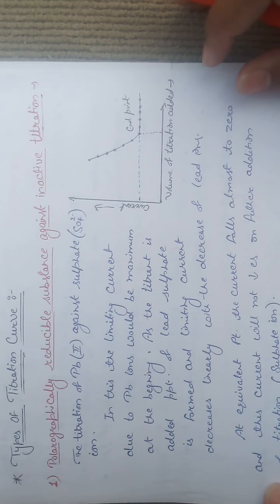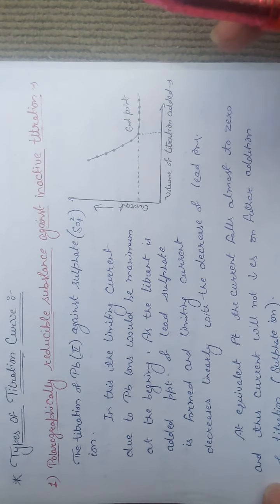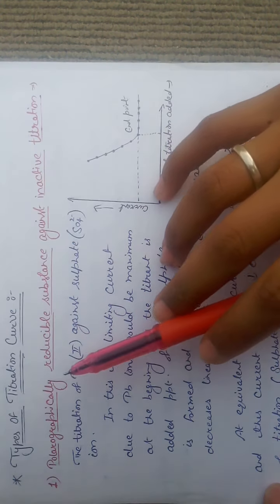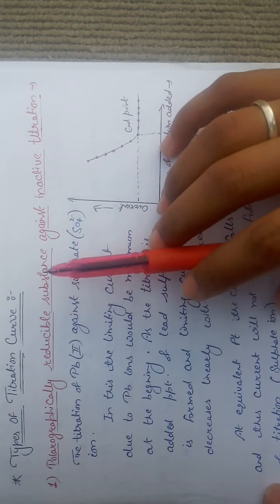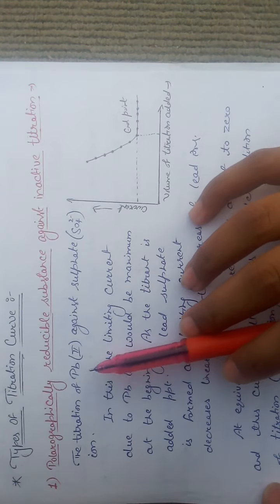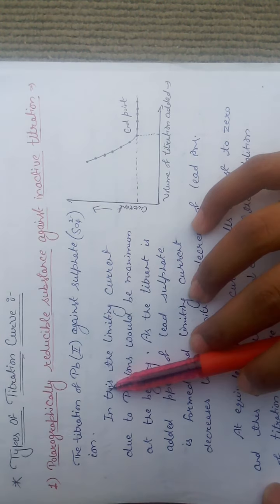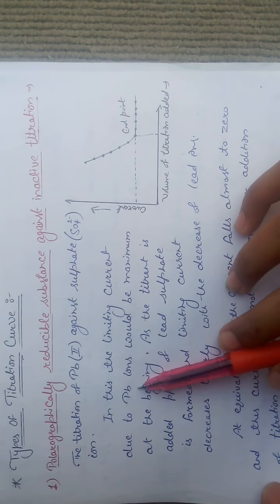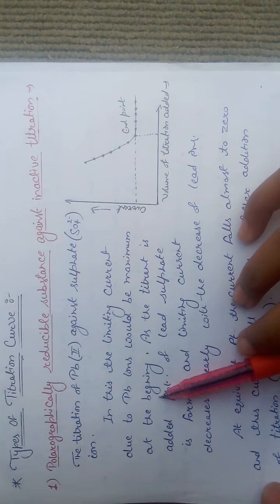here we will discuss almost six types of titration. First is a polarographically reducible substance against an inactive titrant. The titration of lead against sulfate ions, and the limiting current due to lead ions is measured at the beginning.